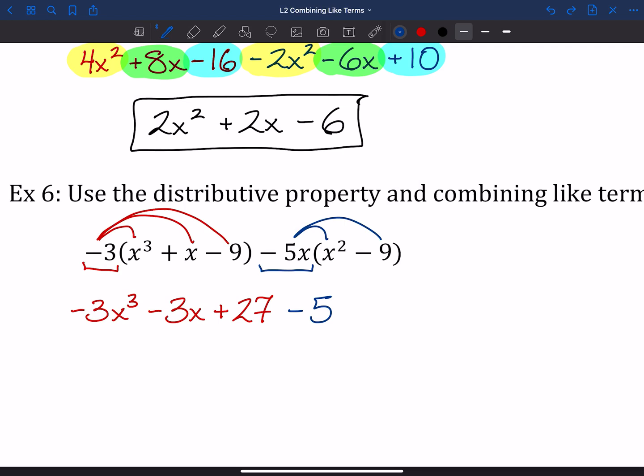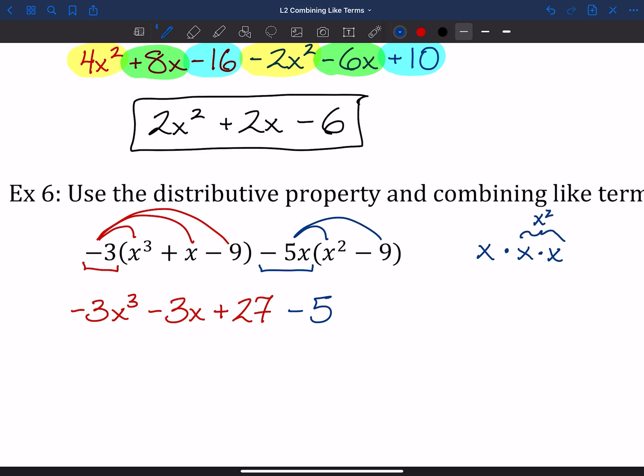So what's going to happen there is, imagine I had x times x squared. Well, don't we know that x squared is the same thing as x times x already? So when I have something like this, I could go ahead and rewrite it a little bit differently. It's x times the x squared.